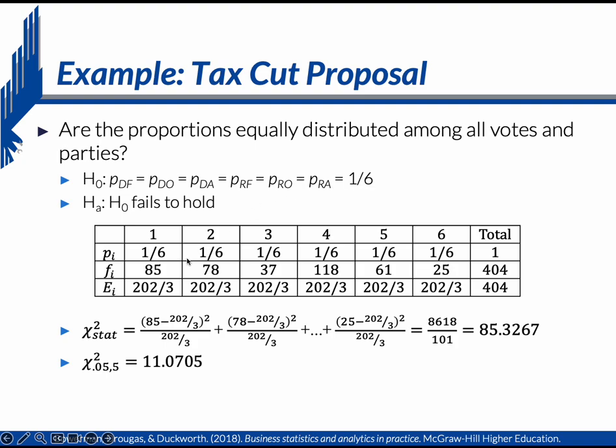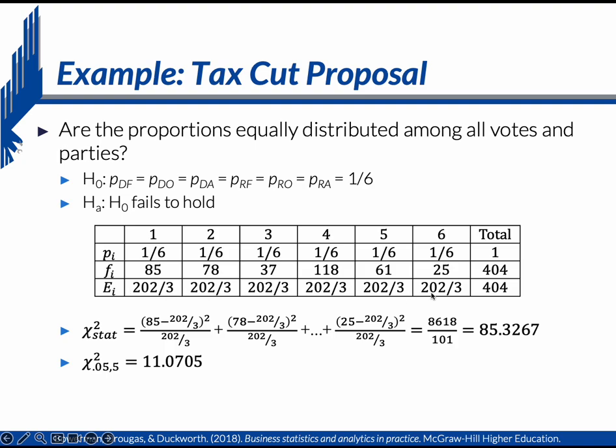Now, to compute the test statistic, we need to compute first the expected frequencies, which is again the probability or the proportion stated in the null hypothesis multiplied by the total sample size. Since we have the same proportion for all the groups being compared, we multiply that by the total sample size of 404, and therefore all the expected frequencies will be equal to 202/3.